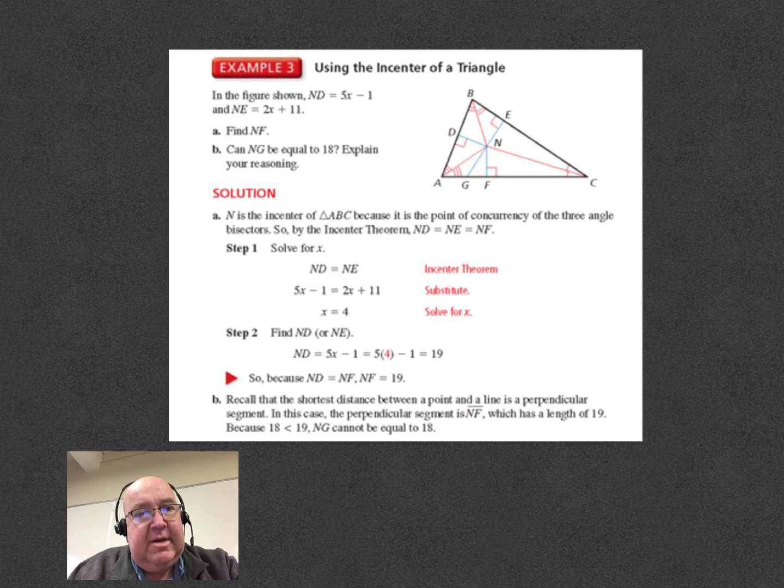Then we're going to substitute that value into one of our original equations to find the length of that line, which is 19, which would also equal NF. Can NG be equal to 18? Explain your reasoning. The shortest distance from the point is a straight line, so it would actually have to have a length greater than 19.